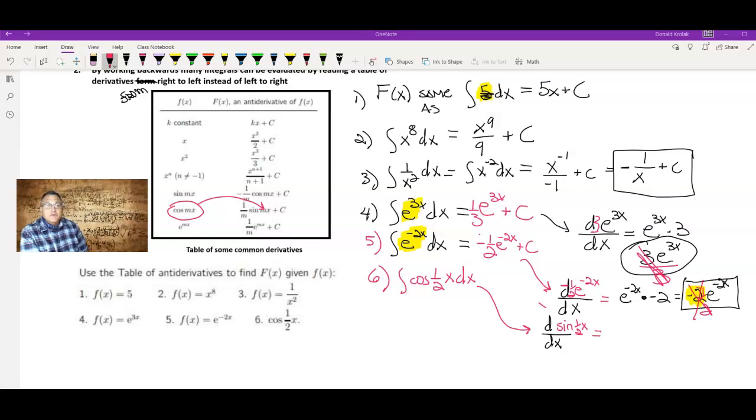All right. The antiderivative of cosine we know is sine. So right here, it's telling me that my antiderivative is going to end up being sine.